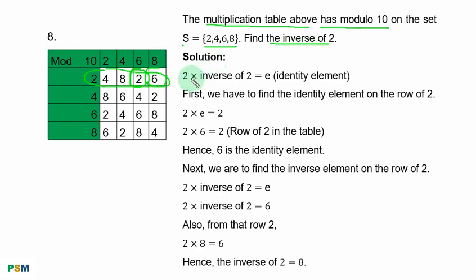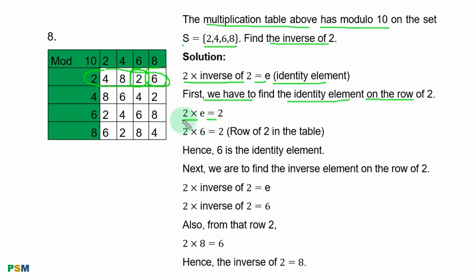Solution: 2 times inverse of 2 is equal to E, the identity element. First, we have to find the identity element on the row of 2. From here, we have 2 times E equal to 2.